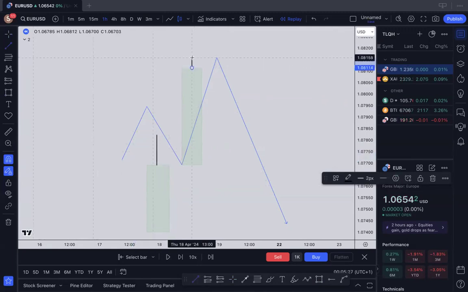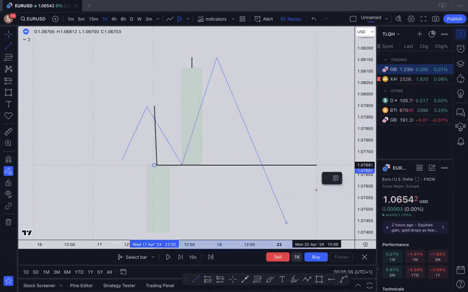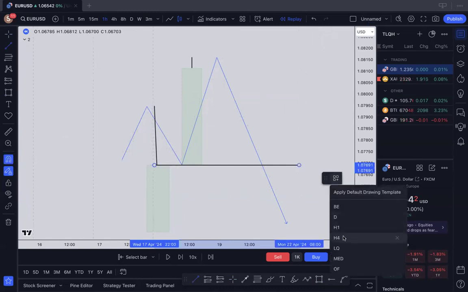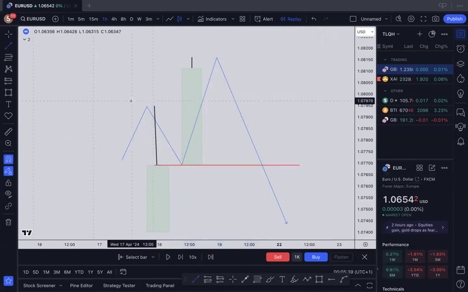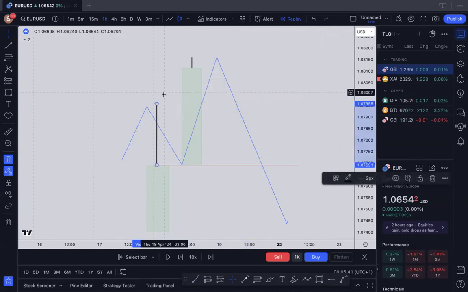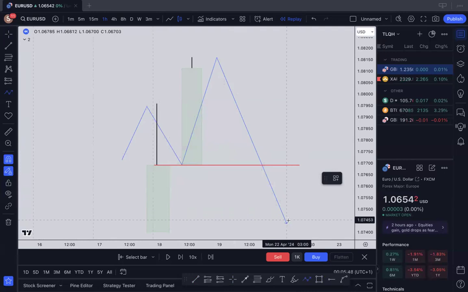Throwing some wicks on, making these wicks realistic, so that's how far that went up there. So we'll actually have a level like this. Let's say this is H4. Now when price comes back to retest, we can often play off of this level, and this level gives a really, really good reaction.